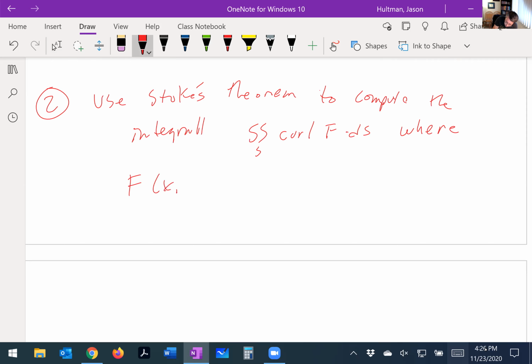F of x, y, z is equal to xz i plus yz j plus xy k.